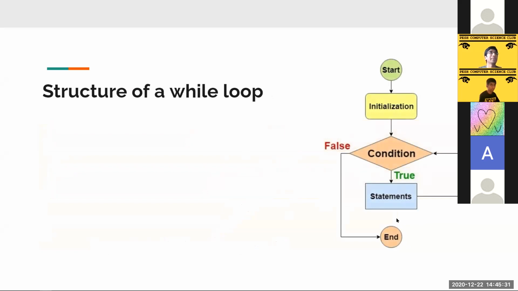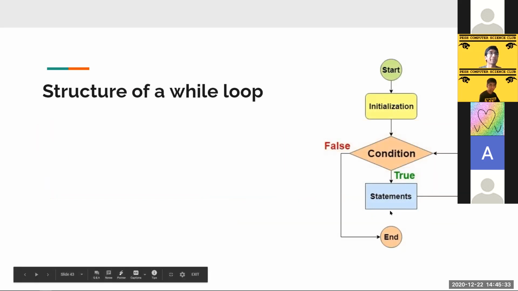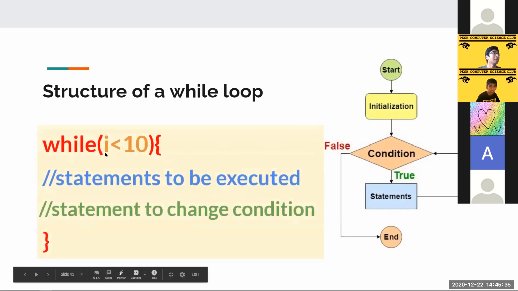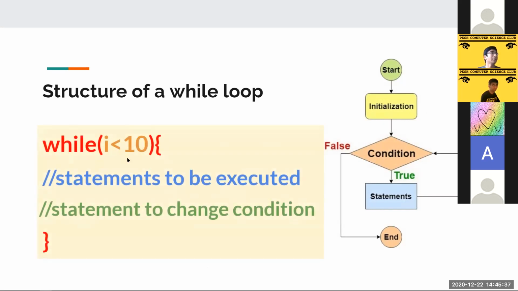And the structure of a while loop, as you can see, is the same diagram. While this condition is true, the statements will be executed, and you have to put the statement to change the condition yourself. So the while loop does not have that increment or decrement built in. Instead, it's like a continuous loop, and you have to change the condition yourself.